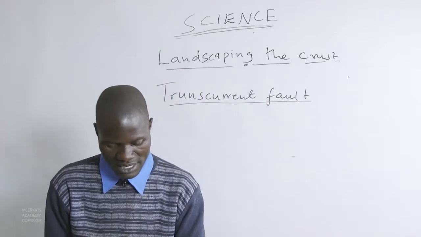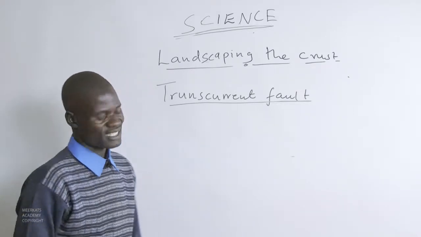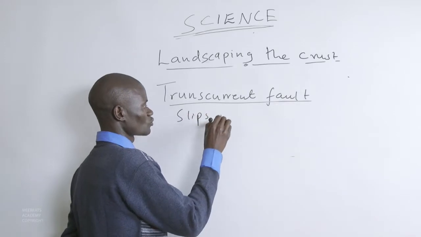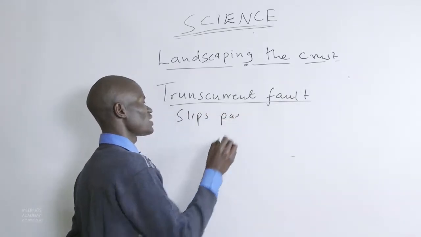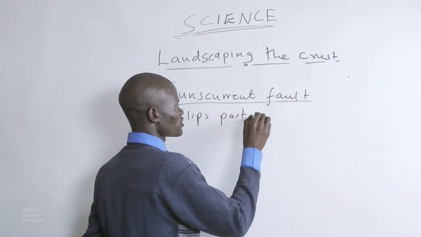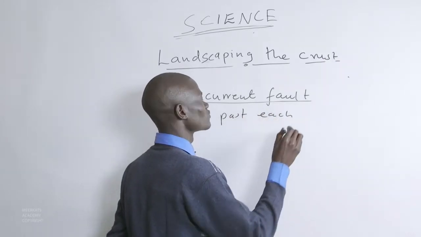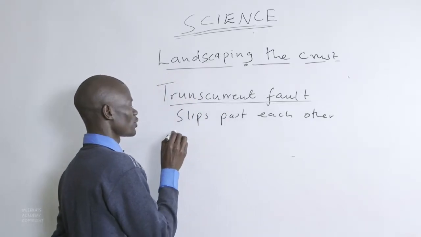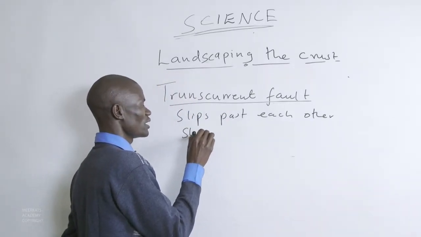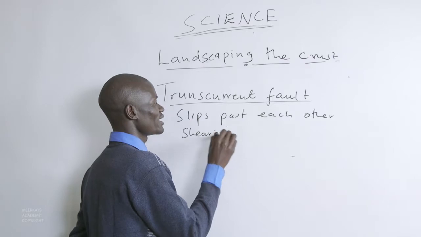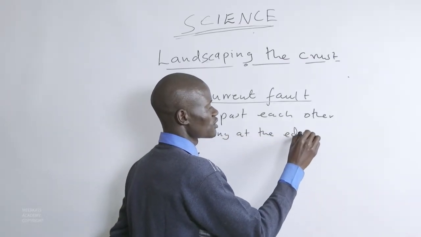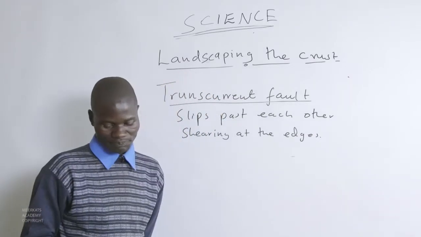A transcurrent fault occurs when the blocks strike or slip past each other. When one part of the block slides past the other, it produces what we call a shear, or shearing, at the edges of the block.